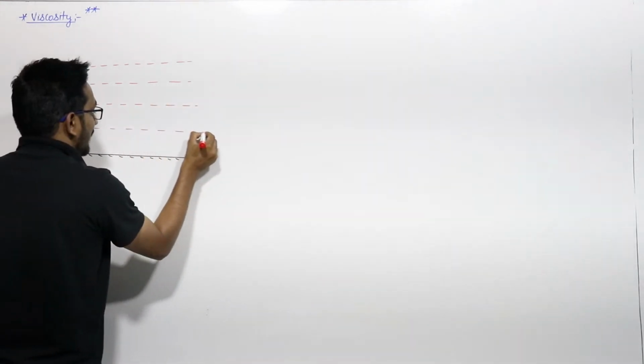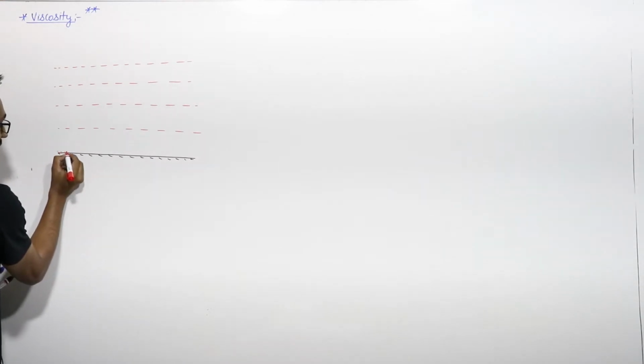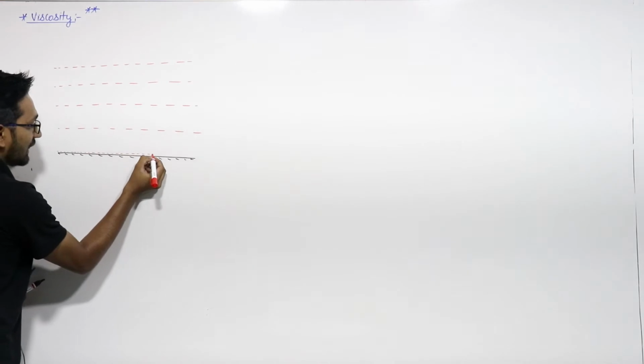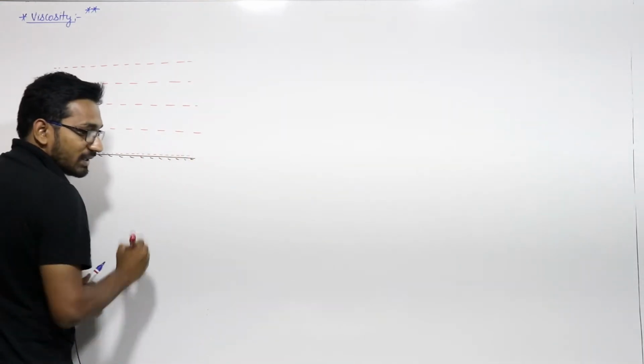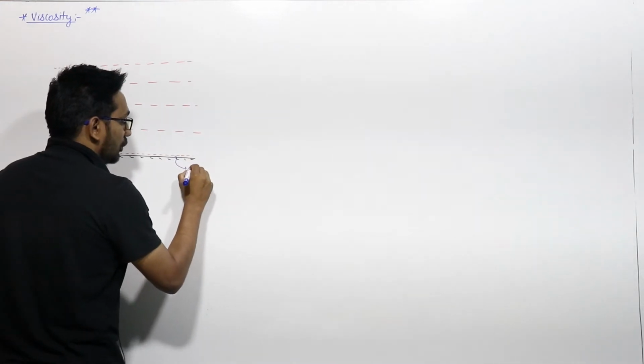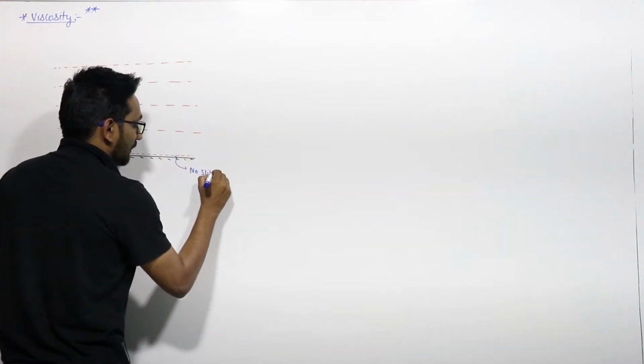The layer which is in contact with this solid surface will attain the velocity of the solid surface by the concept known as the no slip condition.